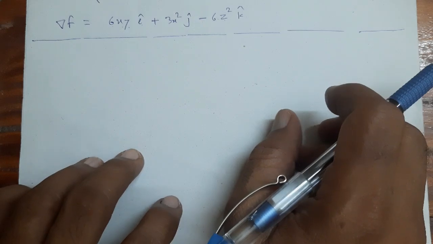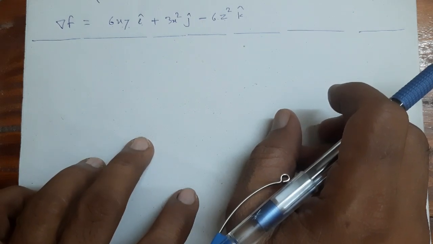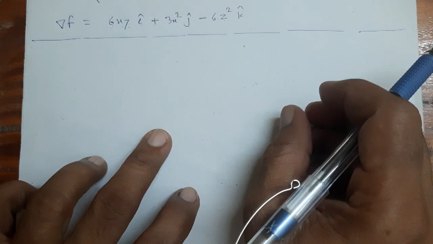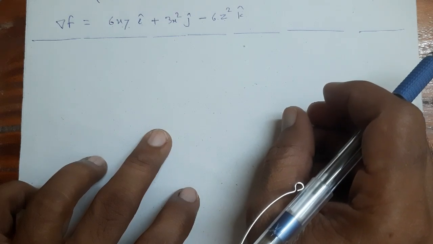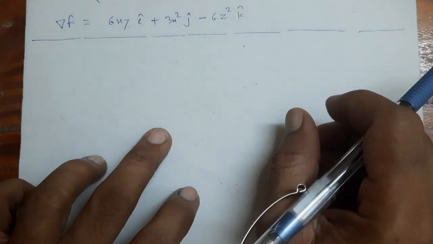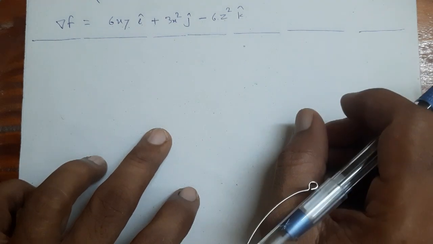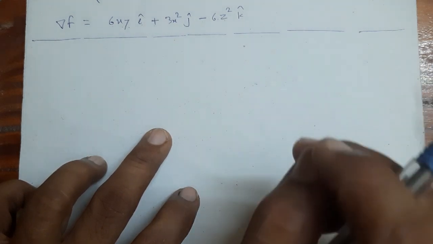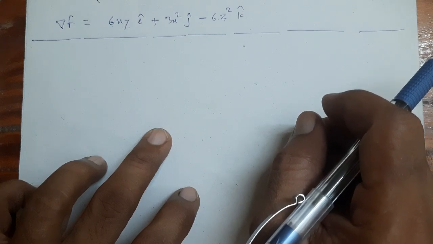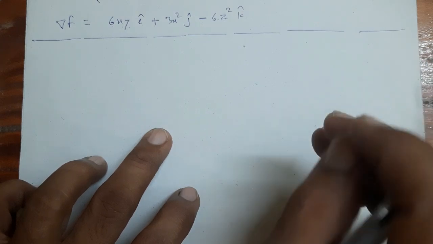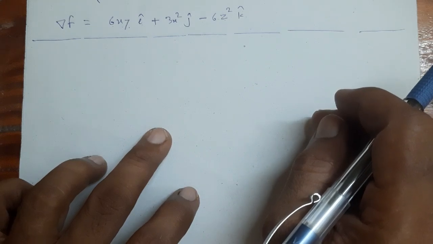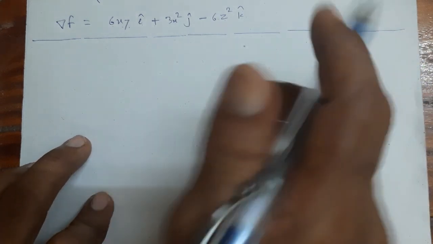For that, at the end of this video, I will give you some simple functions which have some meaning, and I will ask you to plot those functions with the help of our previous video, and then find the gradient of the scalar function, and the divergence and curl of the vector function. Then with reference to that homework, we will discuss the physical significances of these.